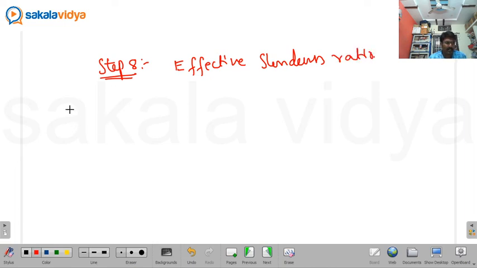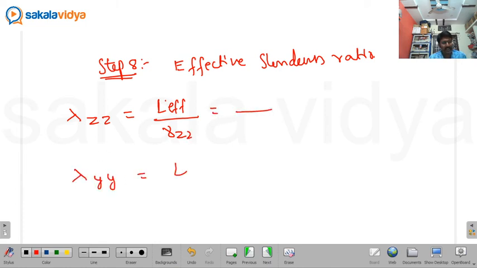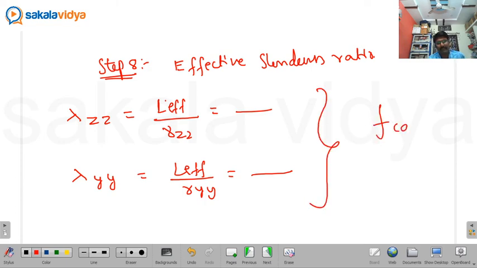As we're going to have two radii of gyration, the formula will be effective length divided by radius of gyration in ZZ direction, and the slenderness ratio in YY direction is effective length divided by radius of gyration in YY direction. Based upon this, again we're going to solve for FCD by using table 9A or 9B or 9C or 9D.